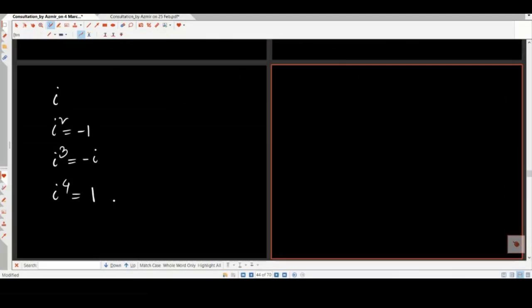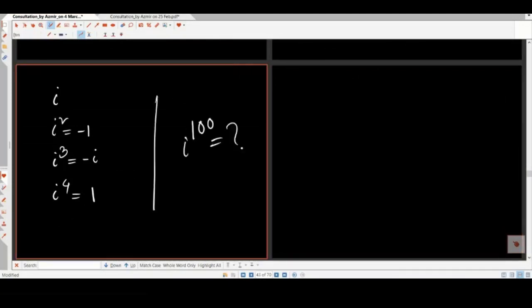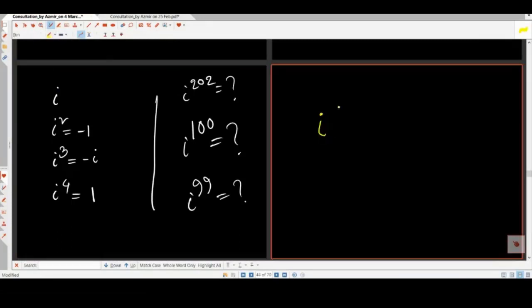So what will be the case if we look for i power 100? If we look for i power 99? If we look for i power 202? At that time, what can we do? We can maintain a sequence. Suppose we are looking for i with any power, and the power is an integer.